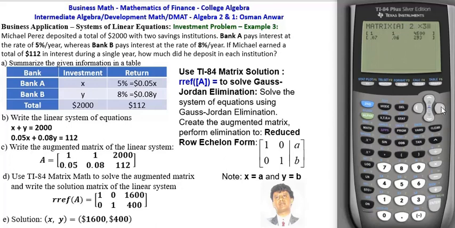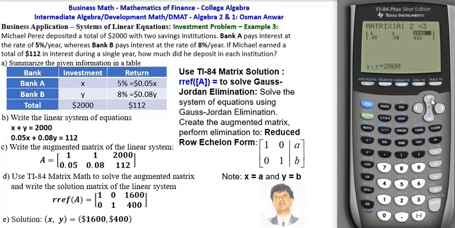Then simply enter the values, which is 1 for the x values, 1 and 0.05, and the y values are 1 and 0.08, augmented with 2,000 and 112.